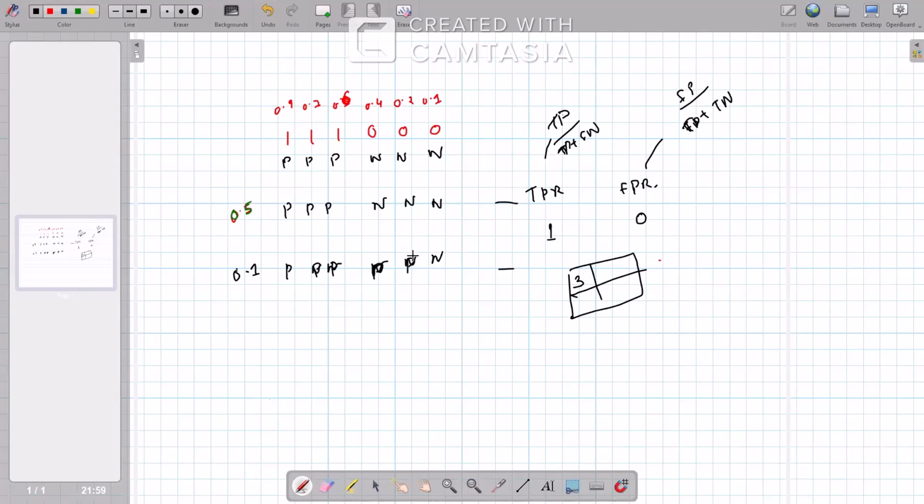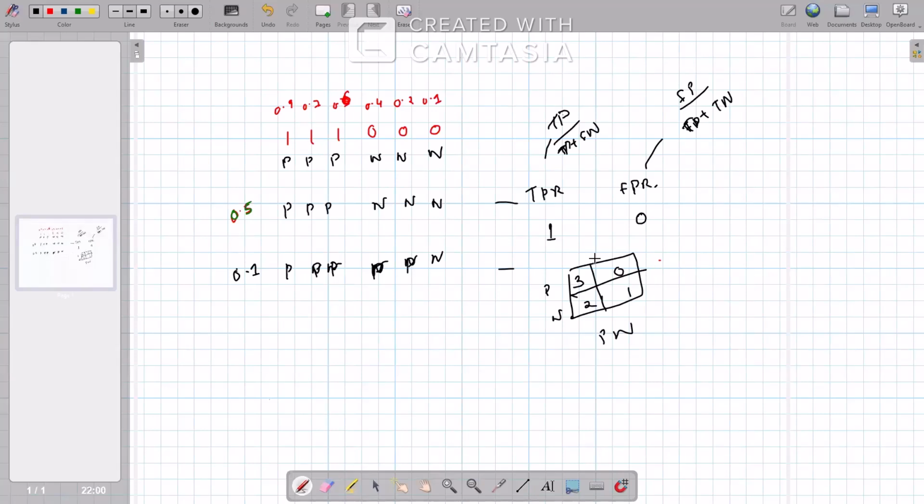False positive means a negative predicted as positive. Positives predicted as negative: nothing. Negatives predicted as positive: 2.